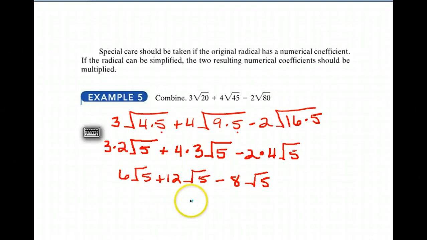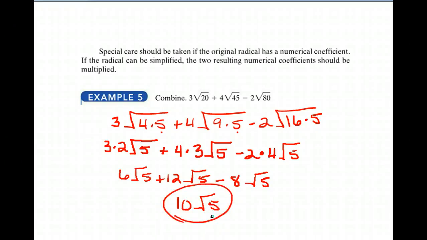And now at this point, since we have like radicals, we can now combine and simplify. So 6 plus 12 makes 18. 18 minus 8 makes 10 square root 5. And that is our final answer for example 5.